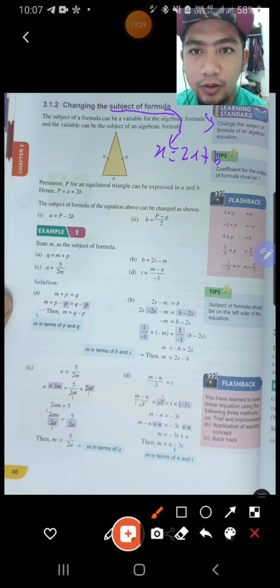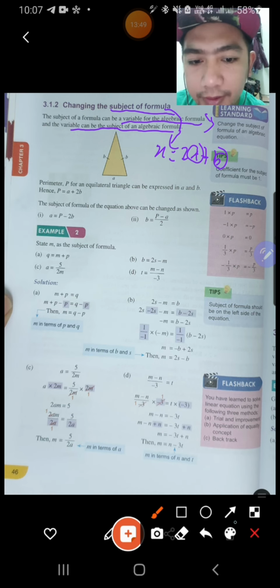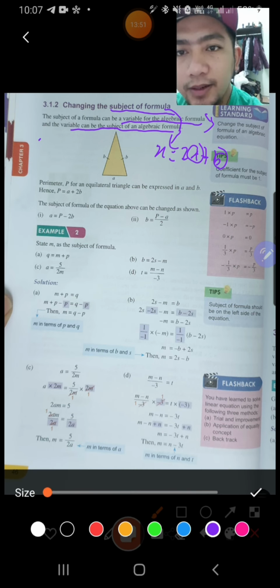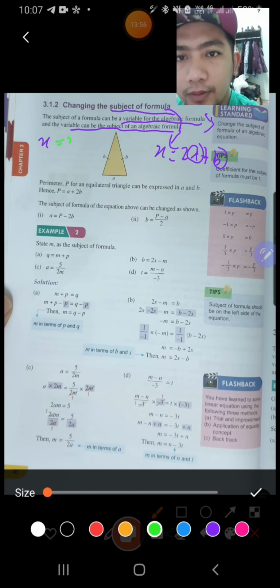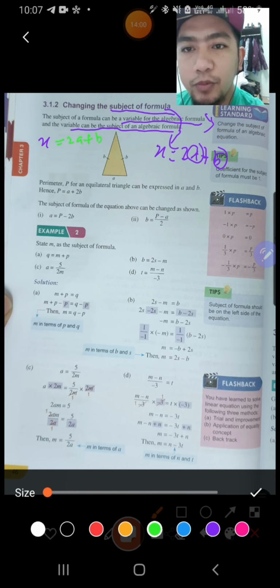This means, let's say again, x equals 2a plus b. So the subject of formula here is x, right?